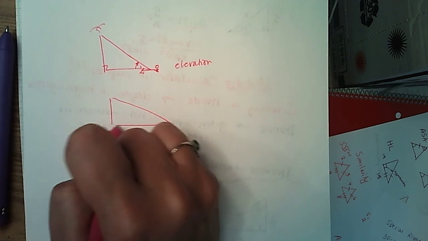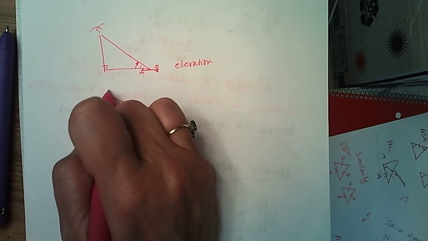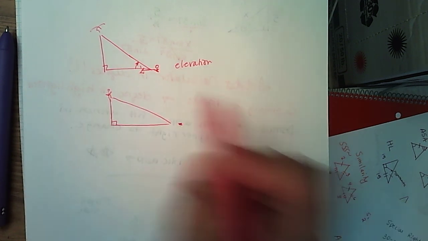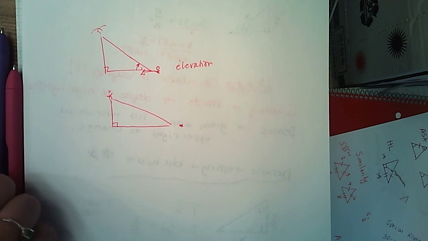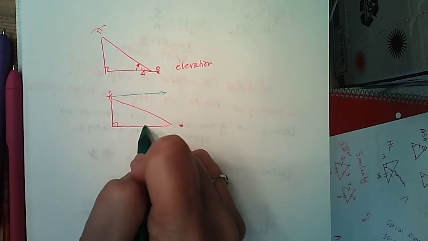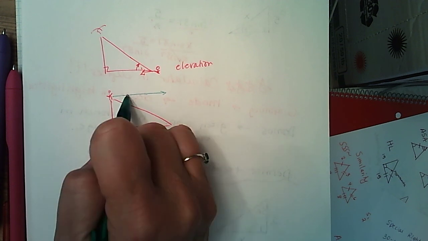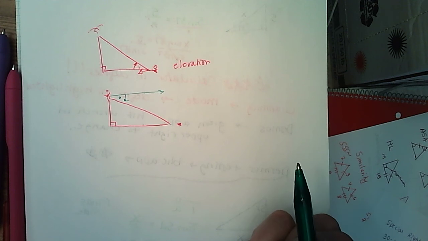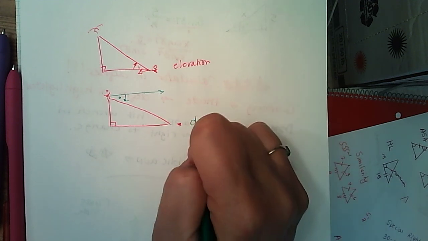If I'm in a lighthouse or on top of a mountain, and I see this bug on the ground, this is where it gets a little weird because your eyesight goes straight out, which makes this parallel to this, and I'm looking down at this bug here. This is the angle of depression, is what they call it.